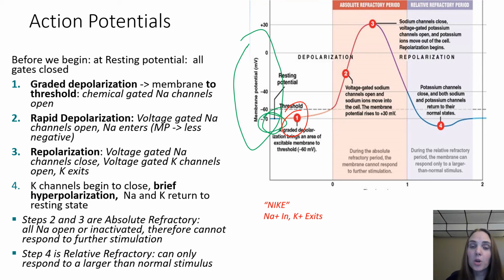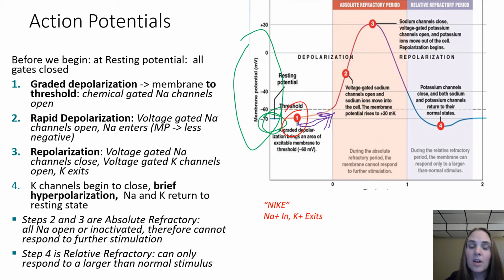It's going to cause a graded depolarization because we have positive sodium ions flowing into the cell. It's going to make our membrane potential less negative. We're going to move closer to 0. And you can see that as that graded potential starts, our membrane potential is rising. And that's a result of those sodium ions flowing in.